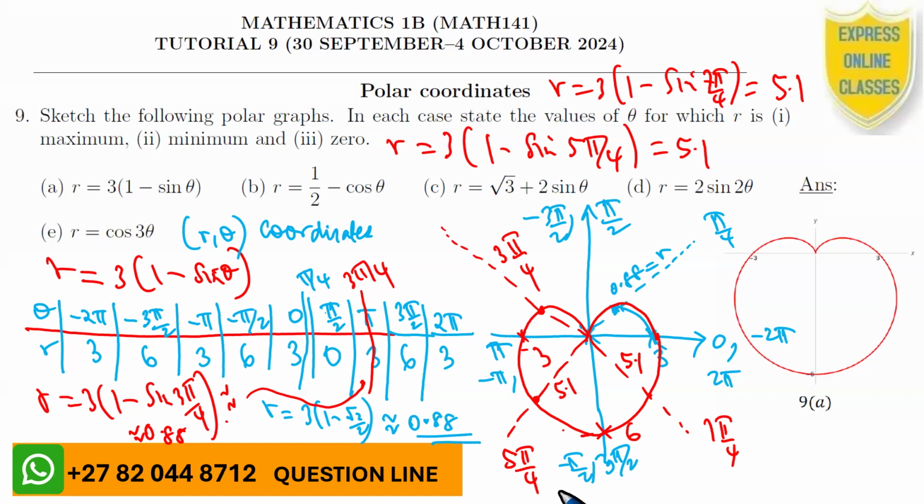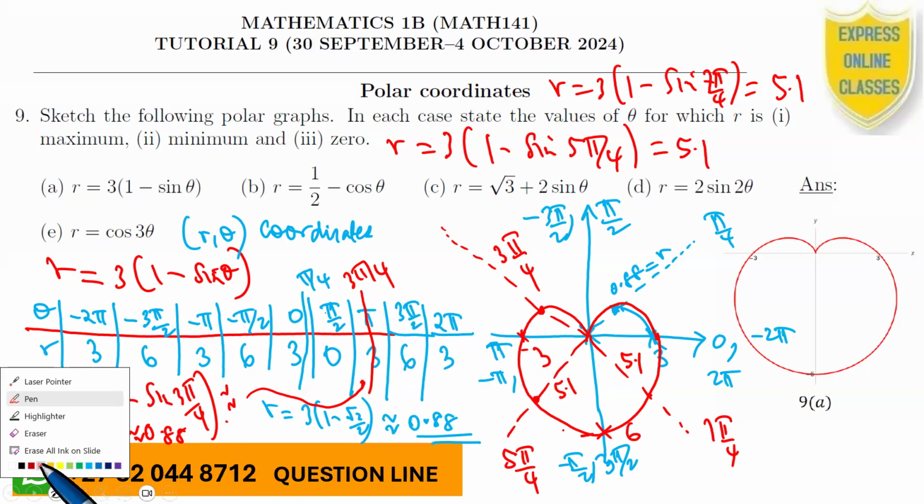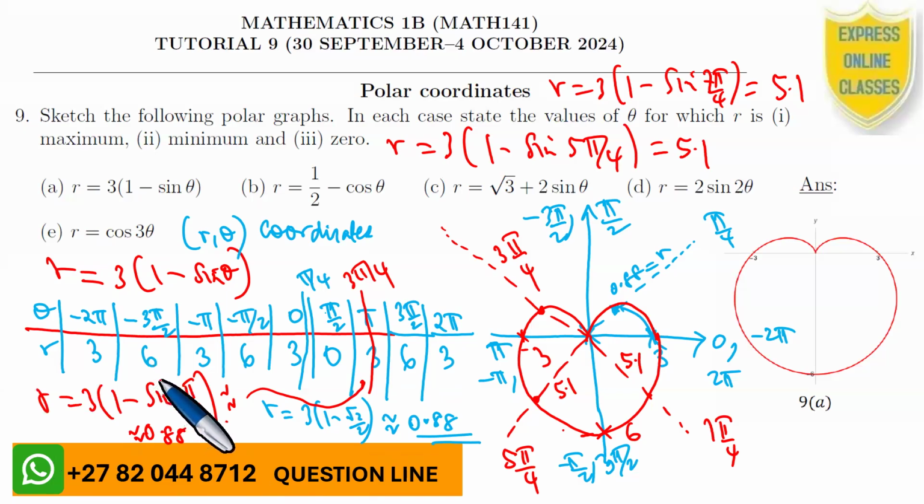This curve has a special name. We call it a cardioid. It's called a cardioid.